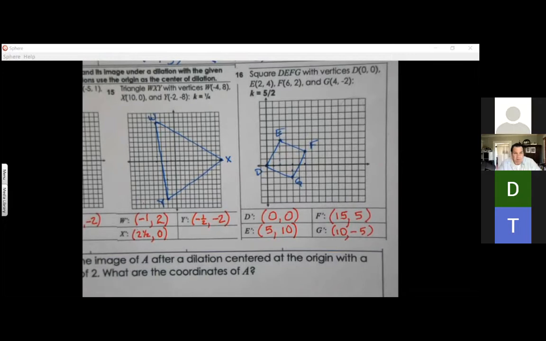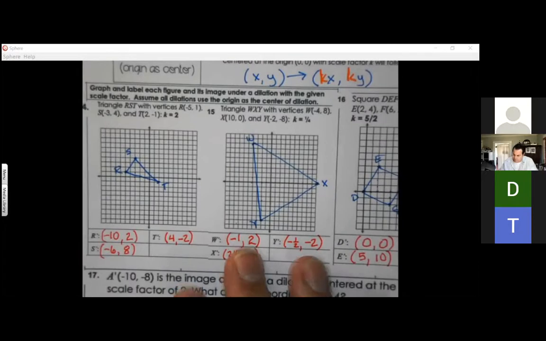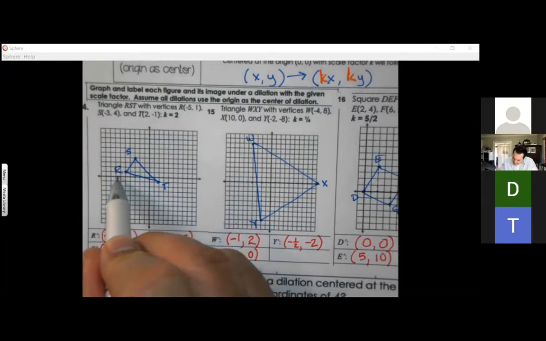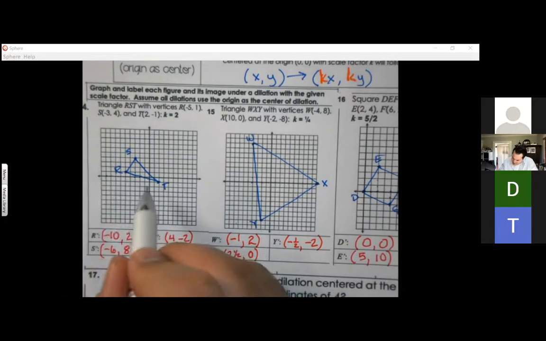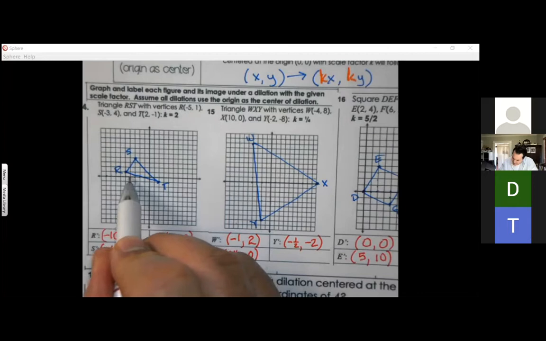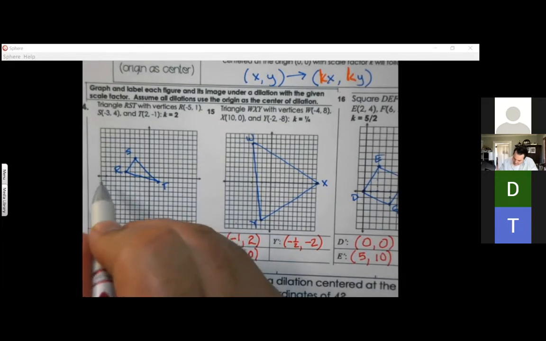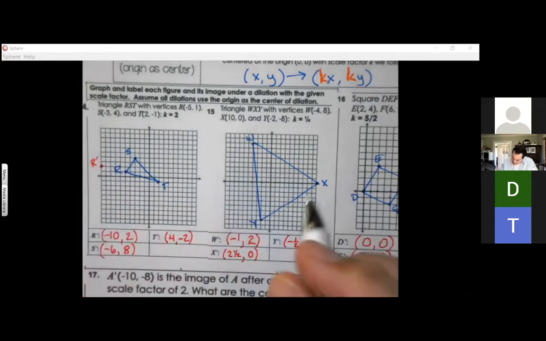And now we'll just plot the points. So we're going to plot negative 10, 2. 1, 2, 3, 4, 5, 6, 7, 8, 9, 10. There goes 10, and then up 2. So that's R prime.